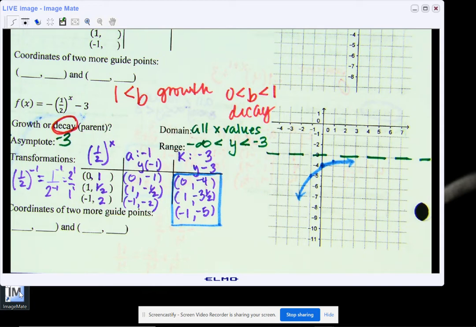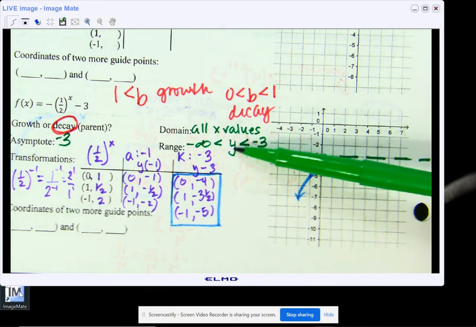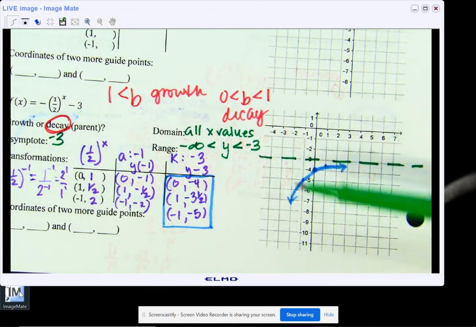All right, yes. Would it be negative infinity is less than or equal to 1? No, because y is going to be in between negative infinity and negative 3.